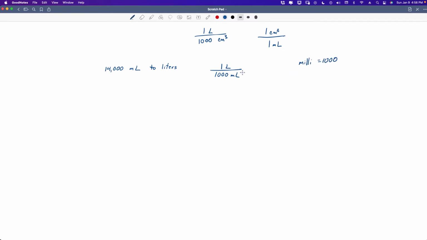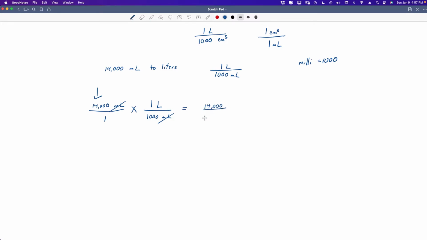That's what it means. So here's what we do. We write 14,000 milliliters over 1 times, we want to turn this into liters, so we put 1 liter on top and 1,000 milliliters on the bottom. Cancel out milliliters.